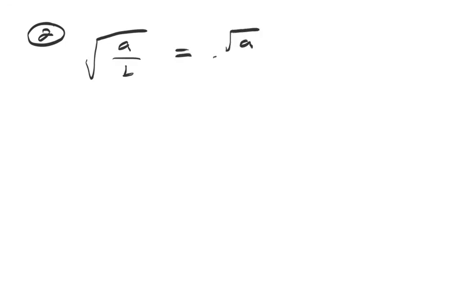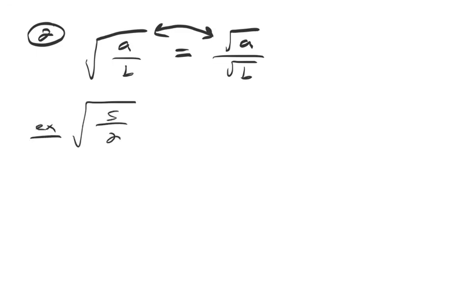Then rule number 2 is if I have a quotient, from dividing two things, I can divide that up as 2 square roots. Or I could actually go the other way around. I can go either direction on this equal sign. So if I had the square root of 5 halves, I could write that as square root of 5 over square root of 2.